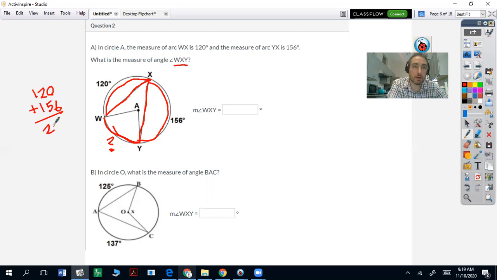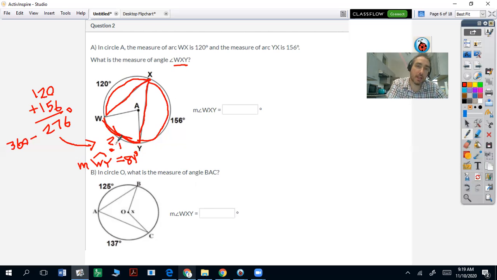And that's going to be 276 degrees. So this arc here is going to be 360 minus that. So arc WY, we always just say WY, put a little arc symbol above it. That measure is going to be 360 minus 276. So that should be 84 degrees.